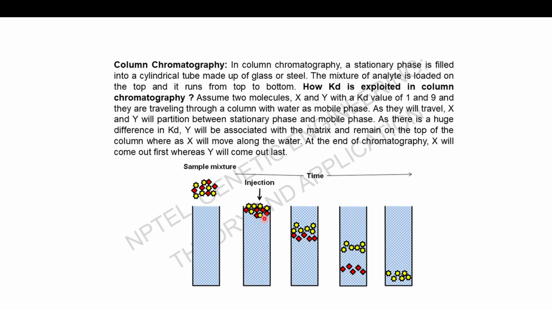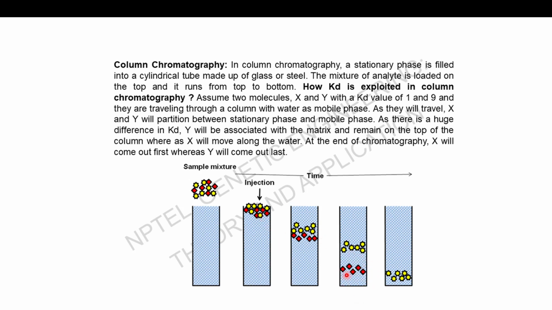If the red squares are more soluble in water, they will separate out and mix readily with the water phase, the water that is being passed through the matrix. The yellow stars have less affinity to water, or more affinity with the matrix, so they will move very slowly, but the mobile phase water is moving rapidly. The one which is more soluble in the water will move much more rapidly.